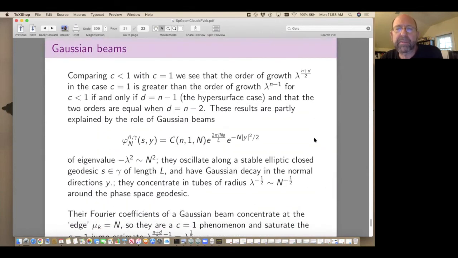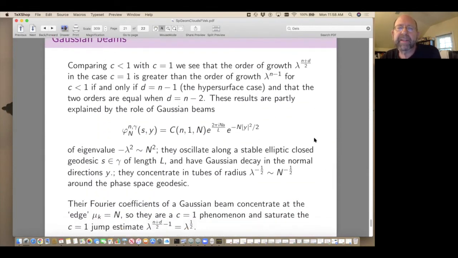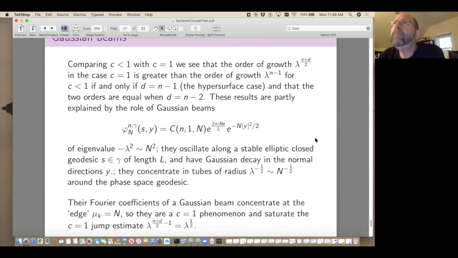I'm just going to end with the role of Gaussian beams. Gaussian beams are very rare creatures. They don't occur on every manifold. But when they occur, you can understand what exactly is going on. Take a simple example where you take a totally geodesic subsphere of a round sphere.